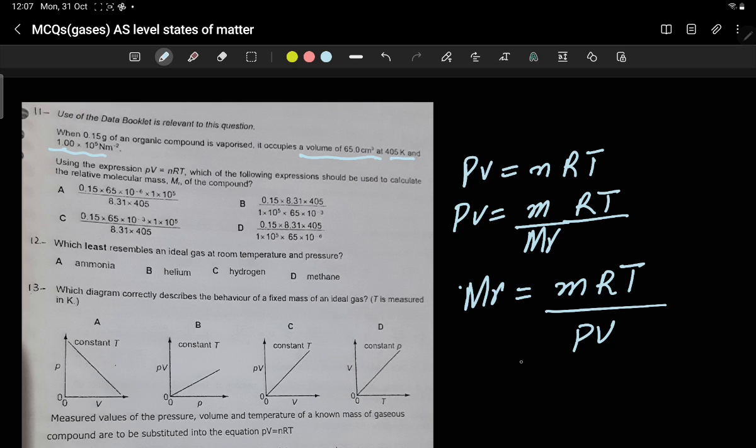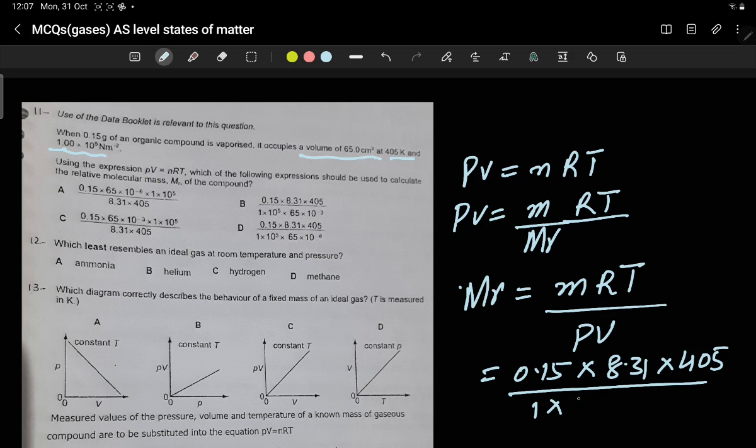And 0.15 is the mass, R is 8.31, into 405 Kelvin, divided by pressure, 1 into 10 raised to 5, into 65 centimeter cube, which is equal to 65 into 10 raised to minus 6. This should be the expression. Now look at the options.